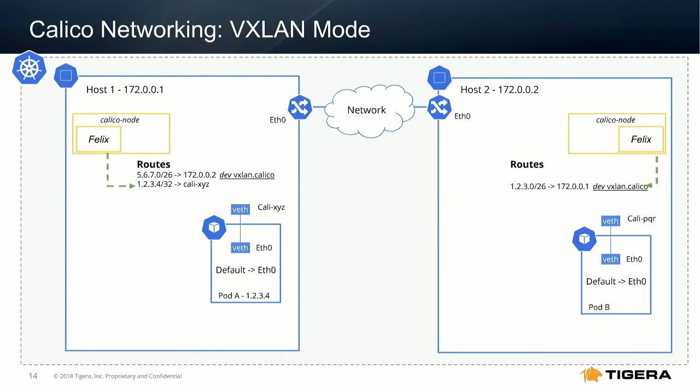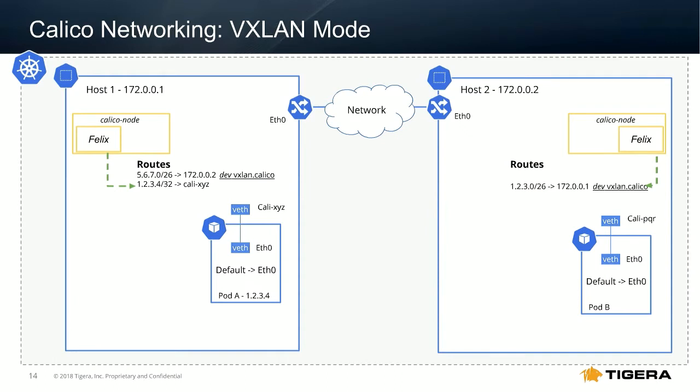And the Felix agent in worker node 2 essentially creates an aggregate route pointing to the pod IP, or in fact, an aggregate route pointing to a range of pod IPs. The next hop for that is worker node 1, pointing to a VXLAN device that Calico creates in the Linux kernel.